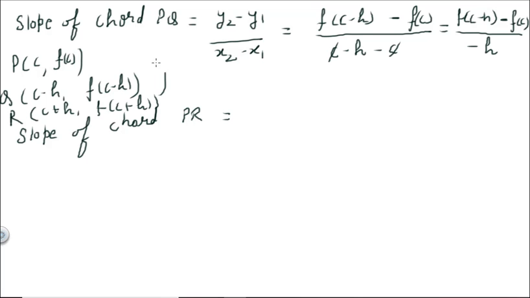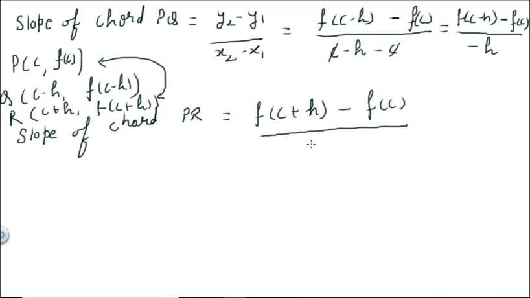So the slope of chord PR is f of C plus h minus f of C divided by C plus h minus C, so you will only be left with h. Let us apply the limit h tending to 0. Let us consider them as equation 1 and 2.